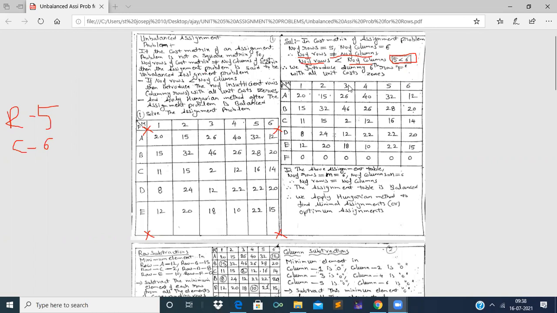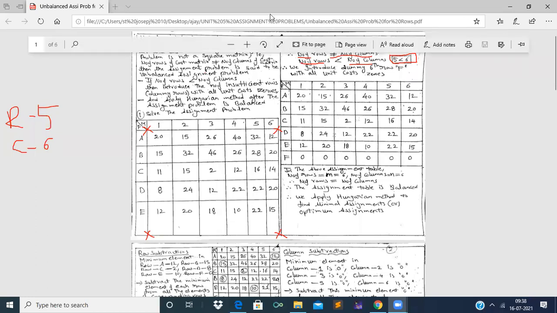See here, in the above assignment table, number of rows m is equal to 6 and number of columns n is equal to 6. A, B, C, D, E, F are the rows, and 1, 2, 3, 4, 5, 6 are the columns. Therefore, the given assignment problem is balanced.